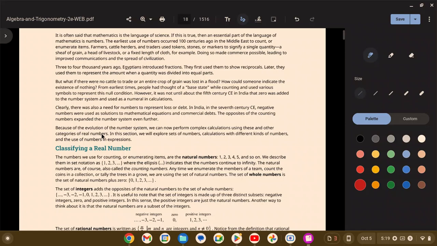Negative numbers were used as solutions to mathematical equations and commercial debts. The opposites of the counting numbers expanded the number system even further. Because of the evolution of the number system, we can now perform complex calculations using these and other categories of real numbers. In this section, we will explore sets of numbers, calculations with different kinds of numbers, and the use of numbers in expressions.